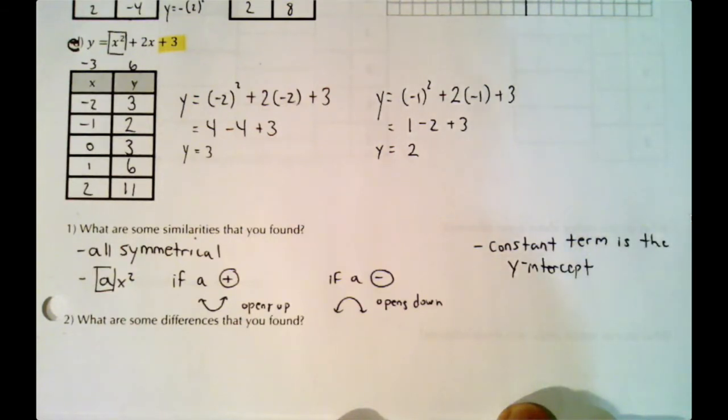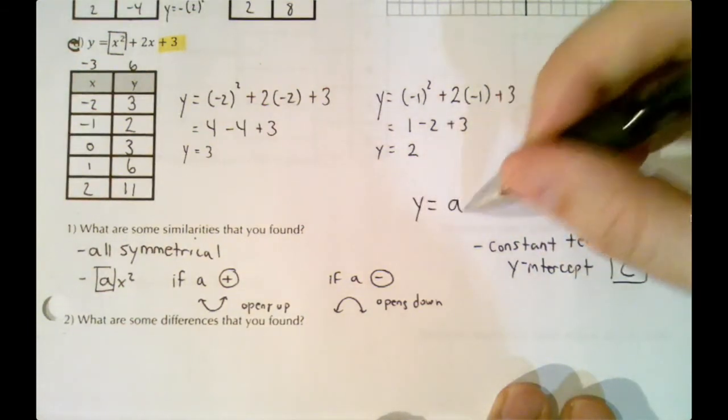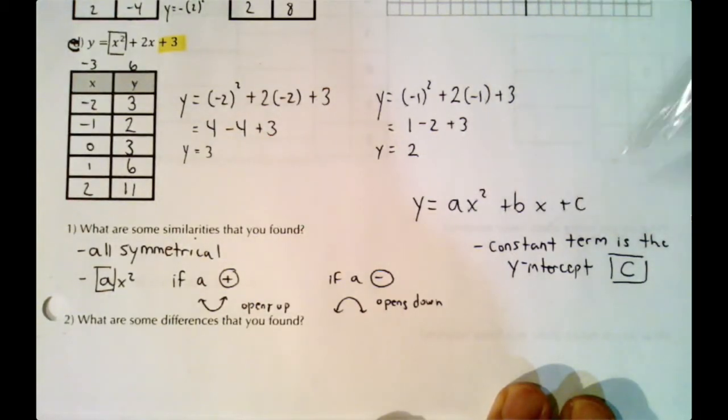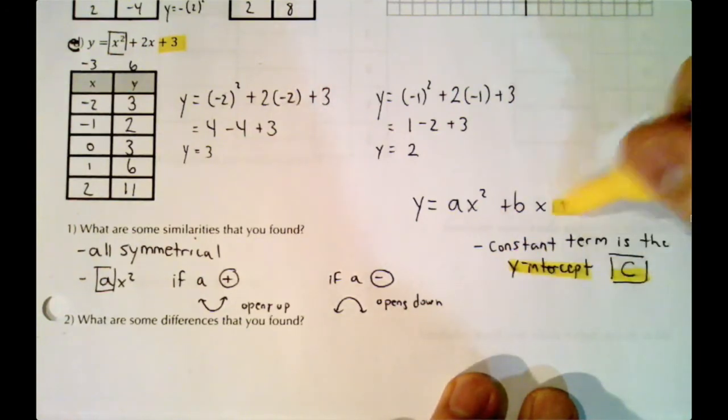Constant term is the y-intercept. The constant term is that c term, if we're talking about ax squared plus bx plus c. That c is the y-intercept.